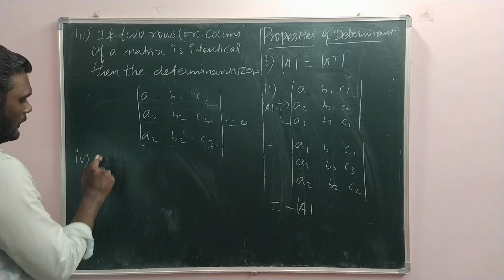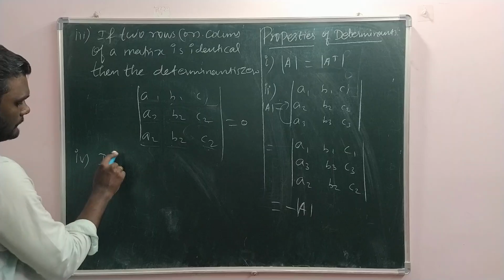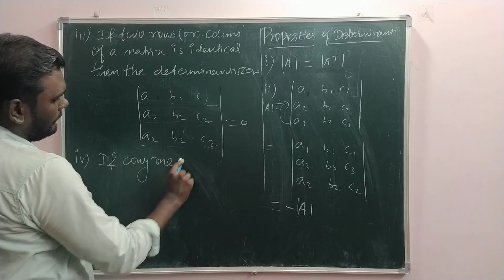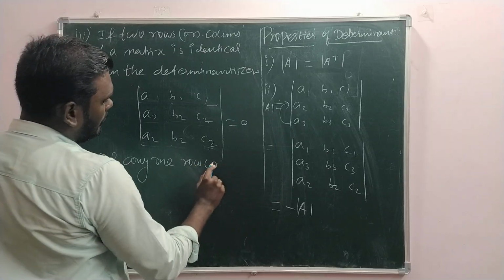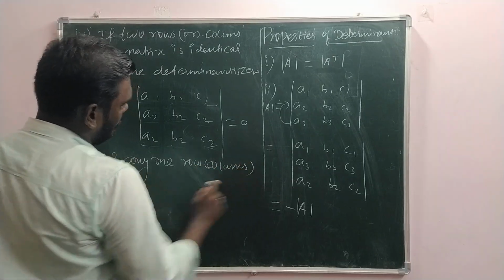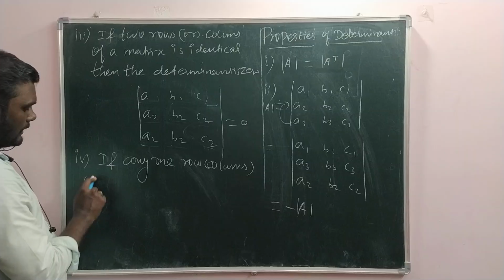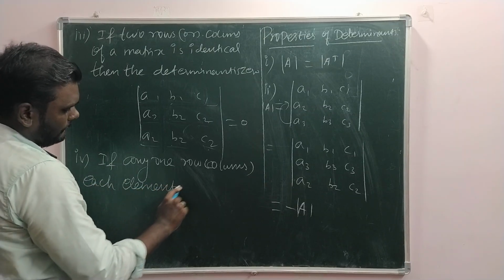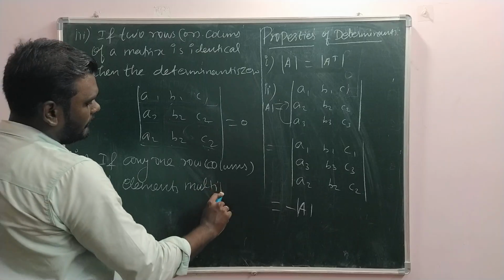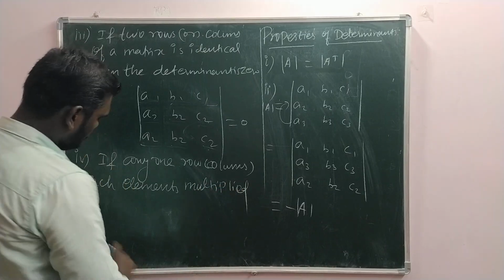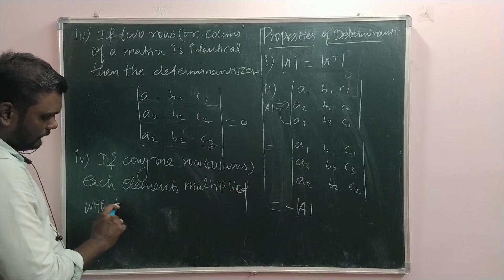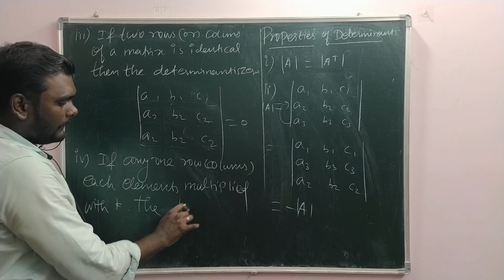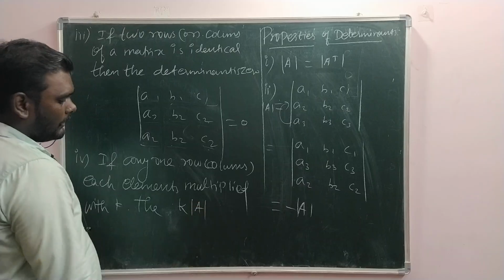So if any one row or column has each element multiplied with k, then the resulting matrix determinant will be k times the determinant of A.